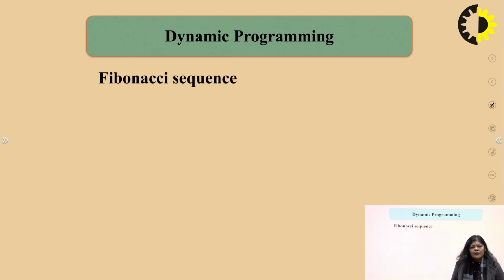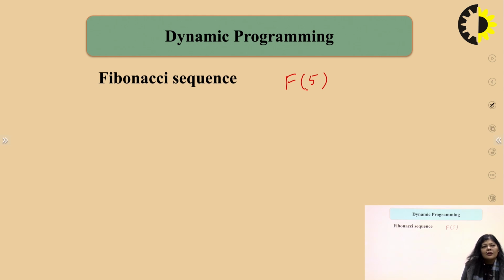Now we are going to see one example of how dynamic programming can solve the problems, and the first example that I have taken up today is to find out the Fibonacci sequence. For example, if I have been given a problem where I need to find out the Fibonacci sequence for a particular number, for example, if I need to find out the solution of F5, right?